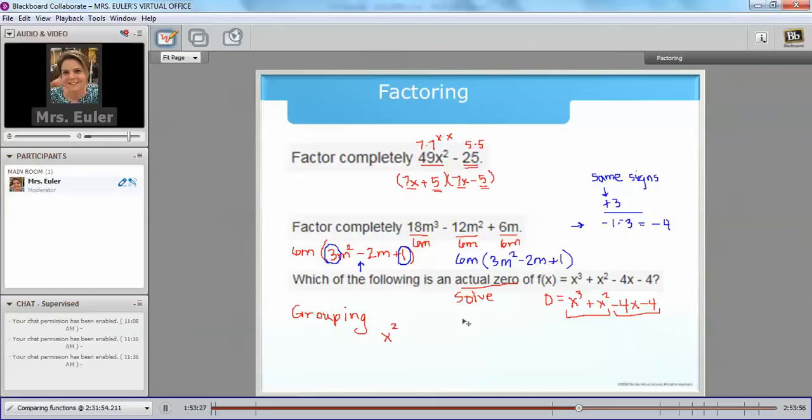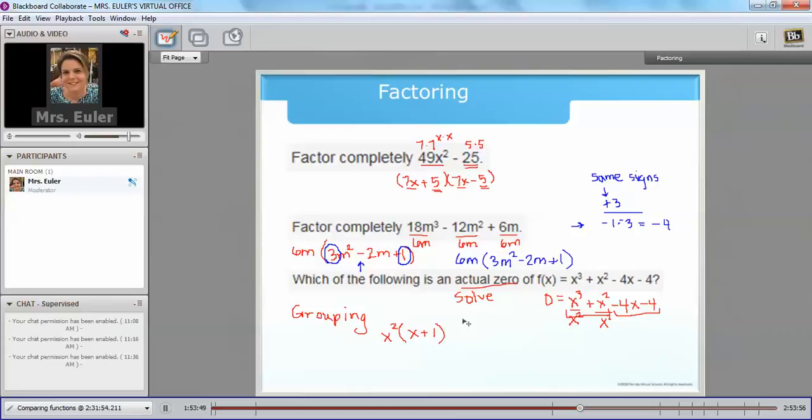And then what's left? Well, if I divide the x squared out of both terms, remember this is really what we're doing, we're dividing by the greatest common factor, I'm left with 1x in the first term, and then x squared divided by x squared is just 1. Here's the first group factored.